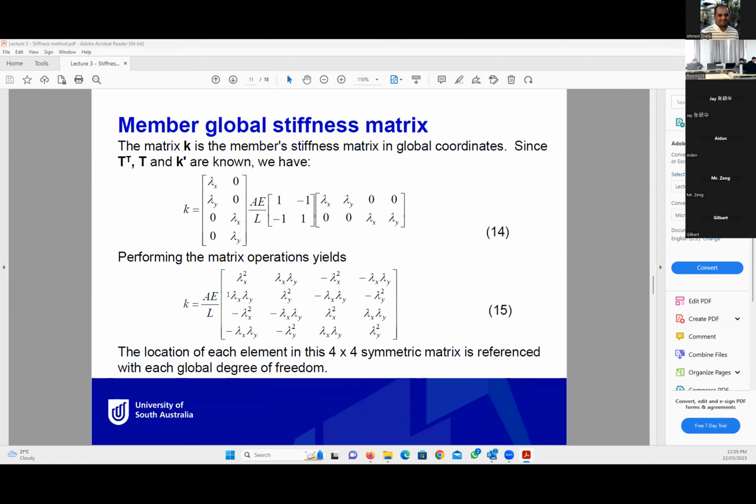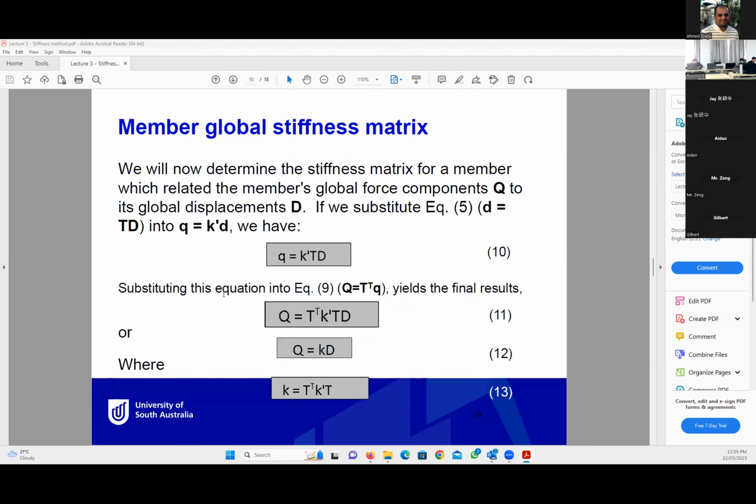So if we go back to our slides here, we know from last week's lecture that Q, the forces, equal the stiffness matrix in local coordinates times the displacement. So Q small will equal Q dash times T times D. Okay.